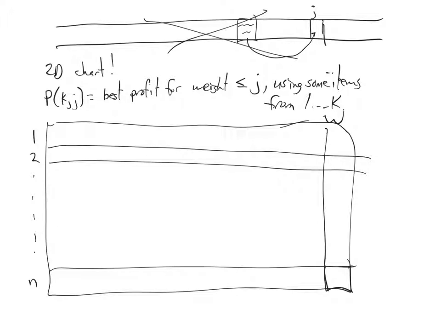The lower right corner corresponds to all the weight W and all the items. So by the time you get to row N, you're allowed to use all the items. In row 1, you can only use item 1, so that's a pretty easy one to figure out. And then on row 2, you can bring in item 2 if you want to, and so on all the way down.